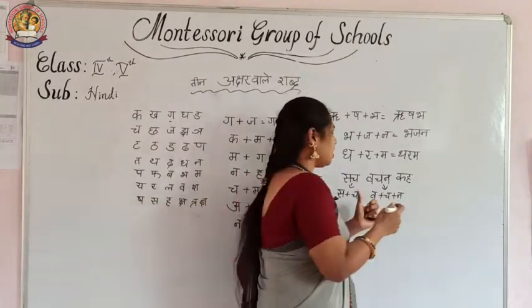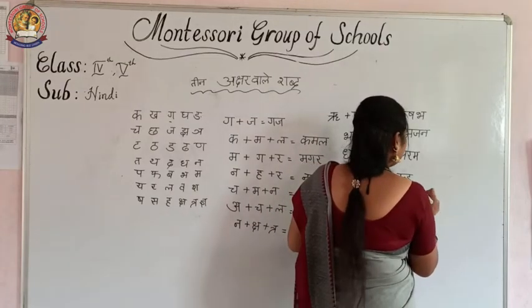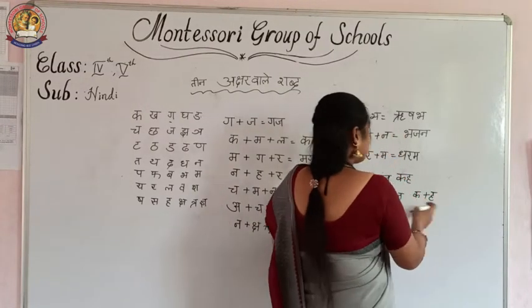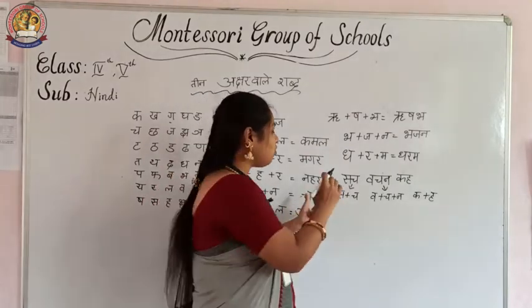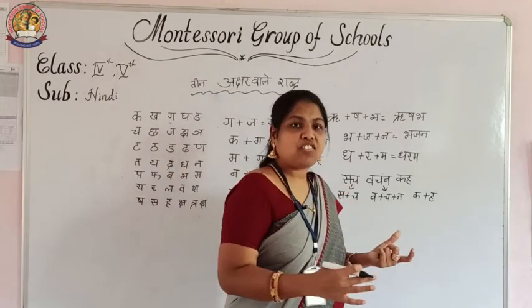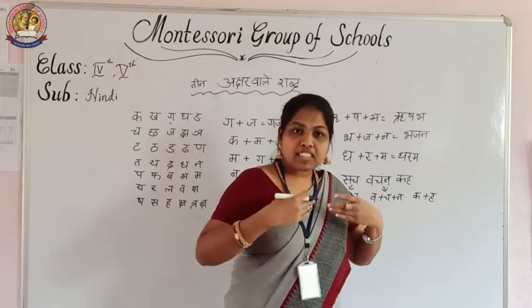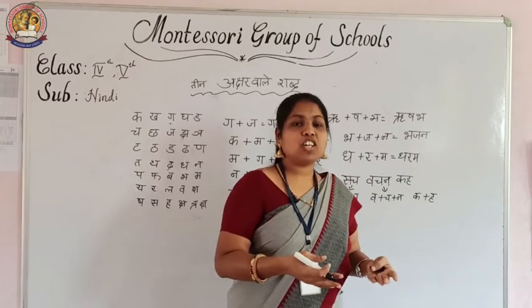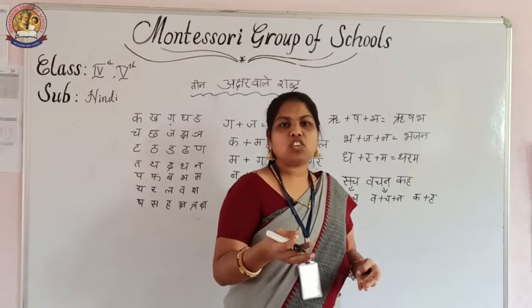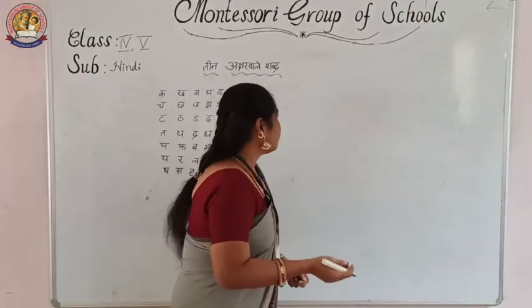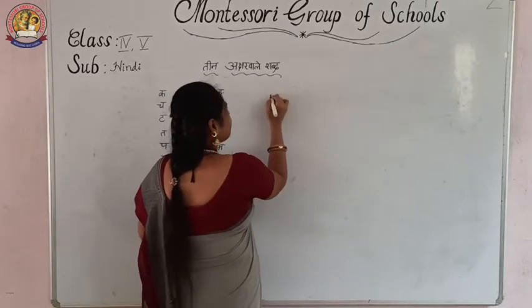Such, vachan, ka plus ha. Such, vachan, kah. Very easy. I told you, one letter you must identify and take out the sound of the letter and join that. It will become a word. You can know.